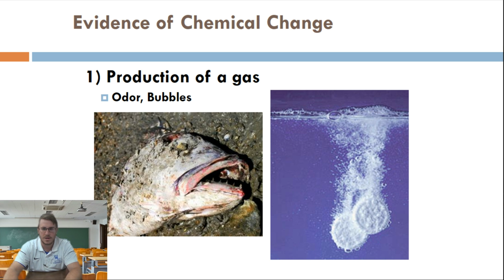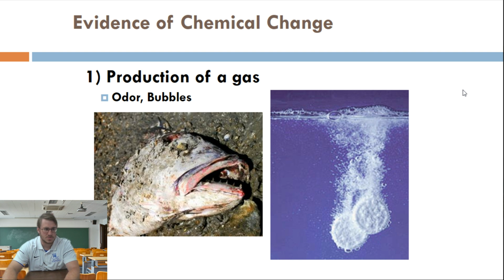Now, just because you see a bubble doesn't mean a reaction is occurring. But typically you have a gas forming that wasn't there before. A gas has been liberated due to the chemical change going on. Chemical change is just a less fancy word for chemical reaction or reaction. And so evidence of a reaction would be production of a gas. This usually involves an odor or bubbles, things like that.